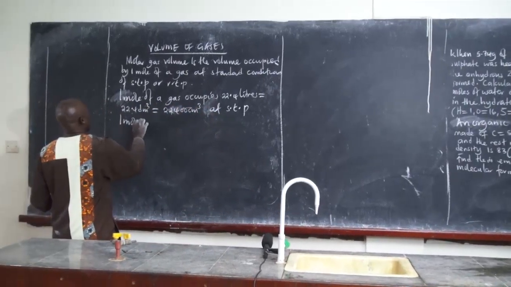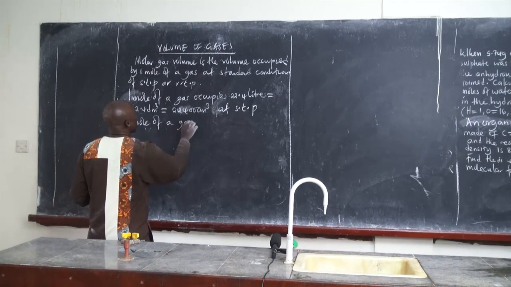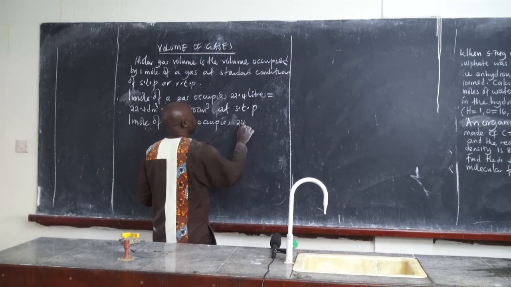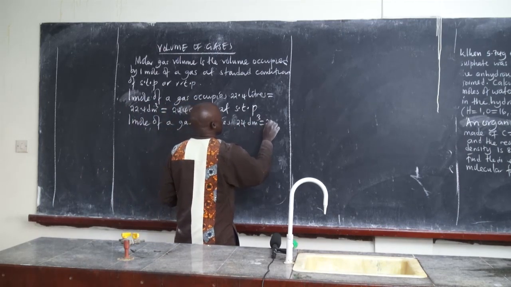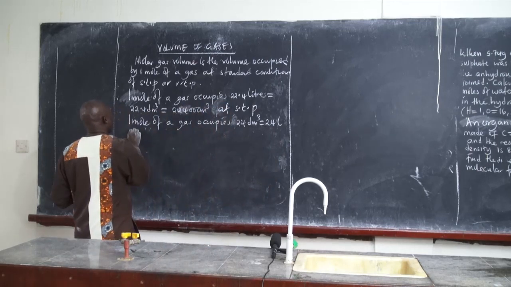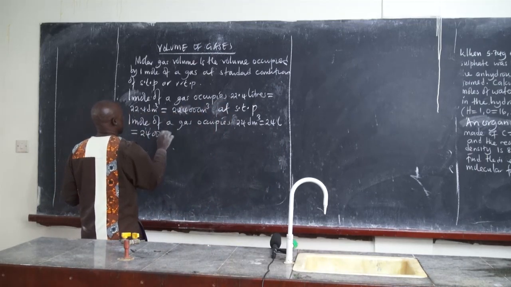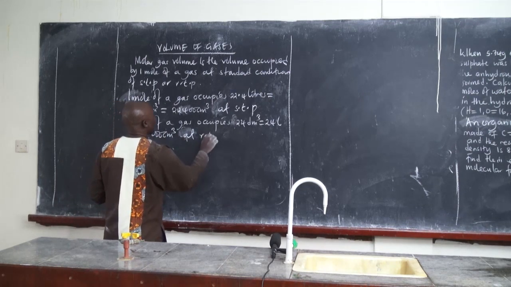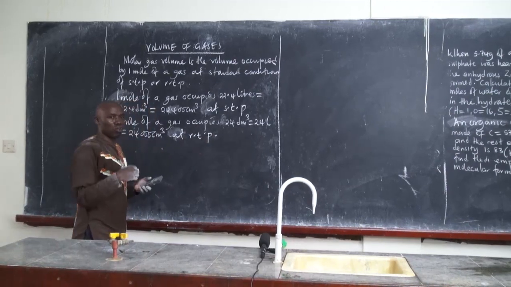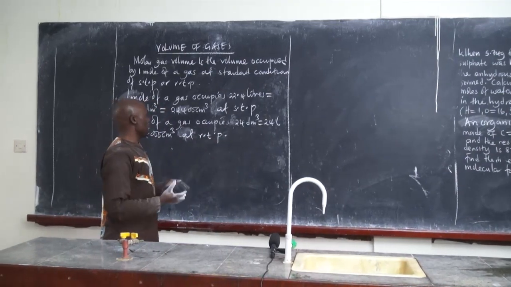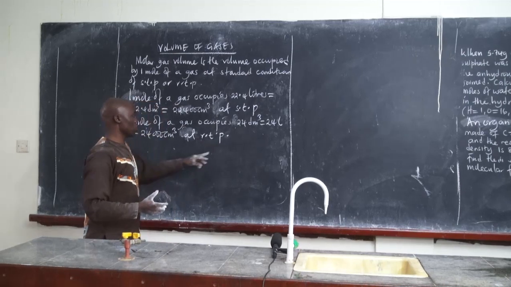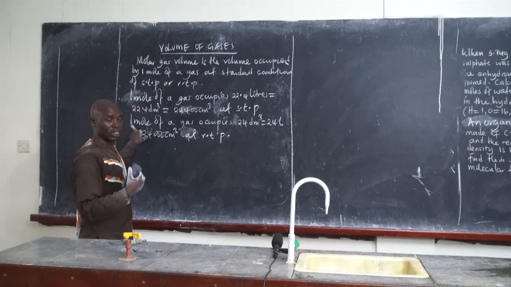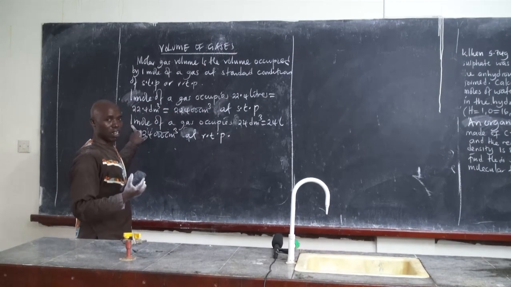Then also, 1 mole of the gas occupies 24 dm3, which is 24 liters, or 24,000 cm3 at RTP, room temperature and pressure. Of course, I told you 1 mole of any substance is equivalent to its RFM.